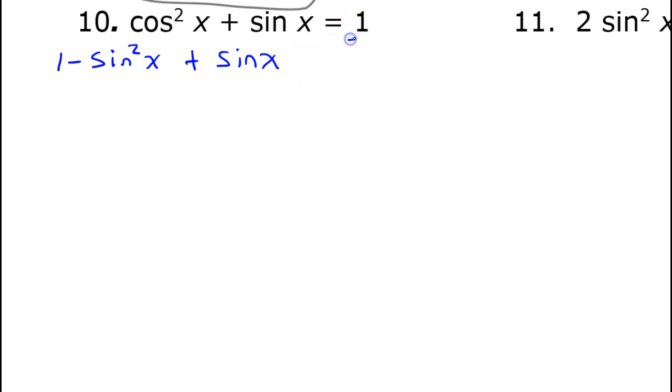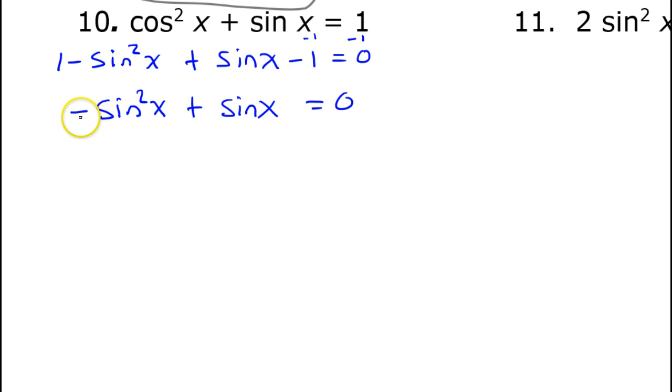Maybe I'll go ahead and sneak in and subtract 1 from both sides real quick. So I'll get minus 1 is equal to 0. Now I'm hoping you can see that the 1 and the -1 are going to cancel each other out. 1 minus 1 is 0. So that's just going to leave me with negative sine squared x plus sine x is equal to 0.